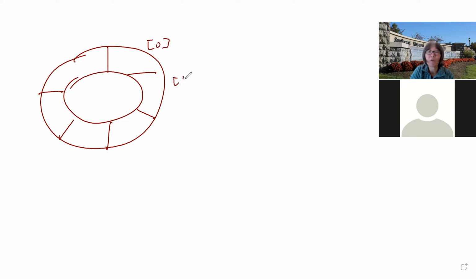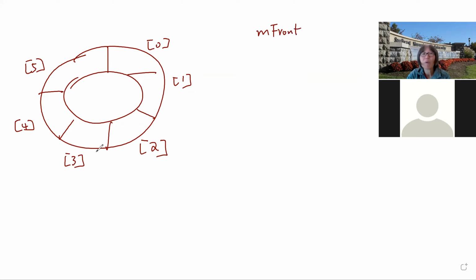Then we have sub 0, sub 1, sub 2, sub 3, sub 4, sub 5, etc. Initially, when the queue is empty, at the very beginning, m front should be 0, and m back should also be 0. Then when we add 100, m back is updated to 1.